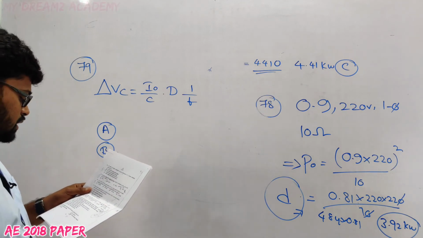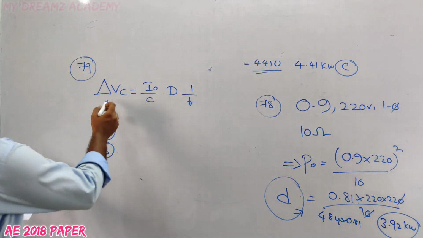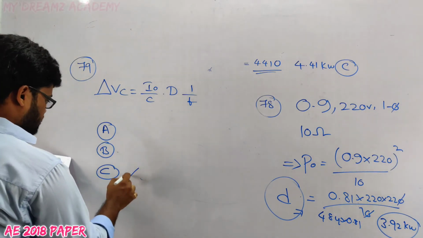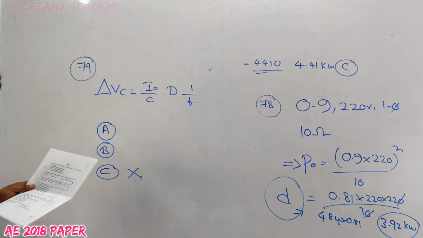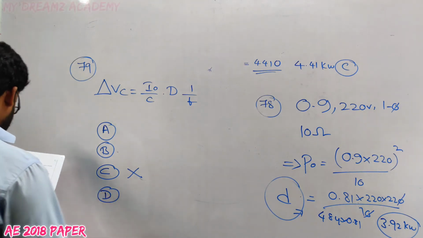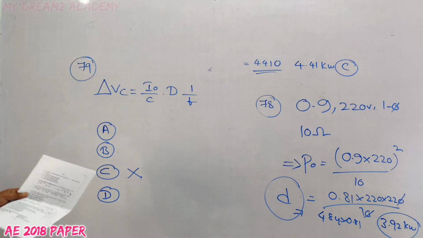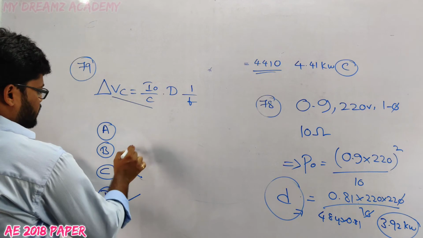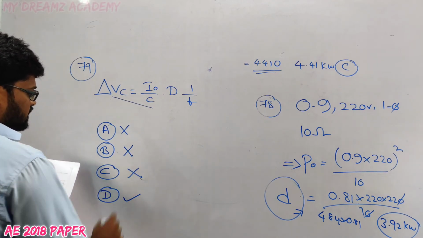Next, proportional to frequency. It is inversely proportional to frequency, not proportional, so this is wrong. What is option D? That is inversely proportional to the capacitance of the capacitor. So it is inversely proportional. Yes, option D is correct. Option B is wrong, option A is wrong, option C is wrong, option D is correct.